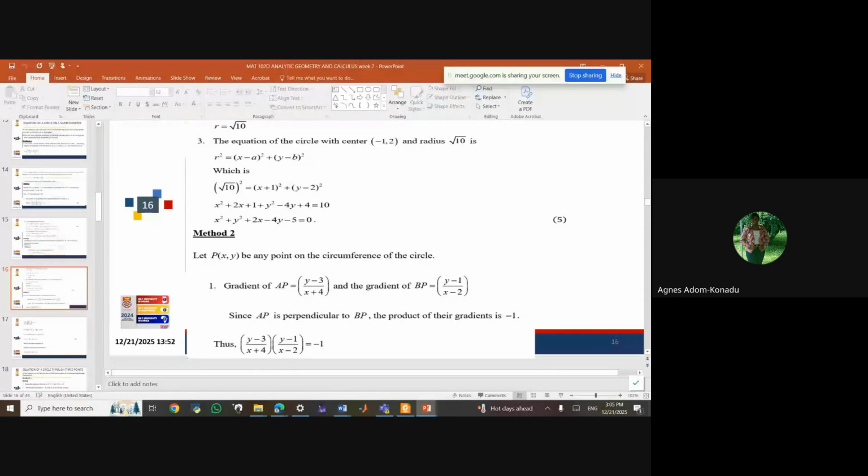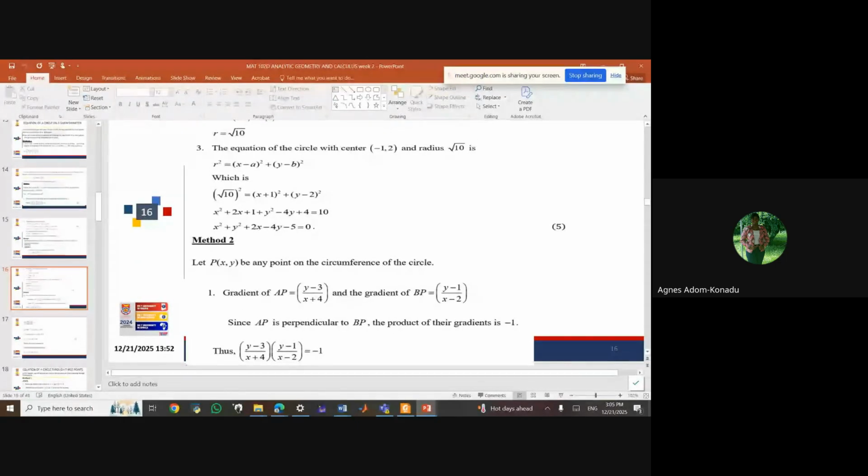If you didn't get that, then maybe you have to look at your solution again. Or the other method, as Mr. Boateng gave us, you let P with coordinates (x, y) be any point on the circumference of the circle. Then the gradient of AB will be equal to (y minus 3) over (x plus 4), and the gradient of BP will be (y minus 1) over (x minus 2). We know that when you multiply the two, you are supposed to get -1.